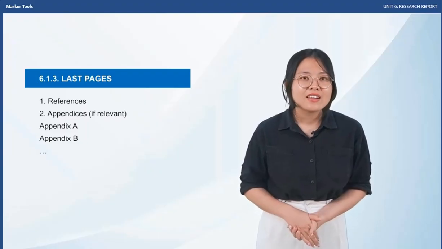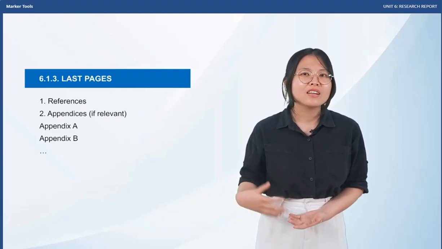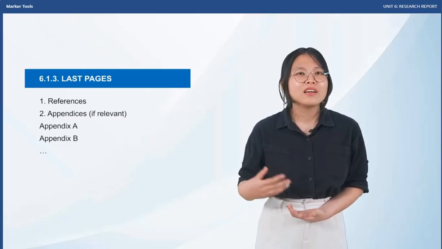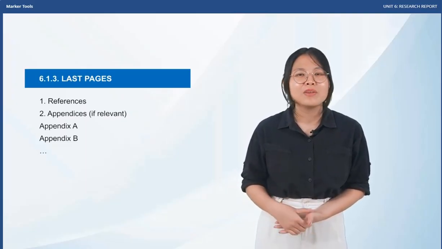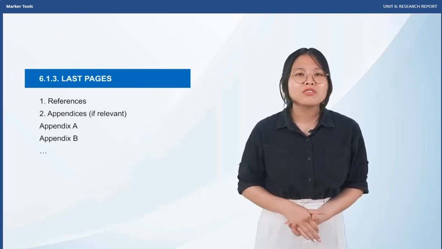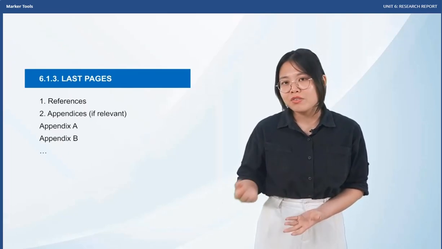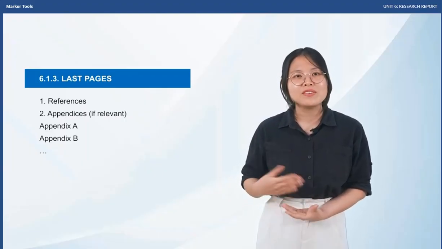Appendix contains supplementary material that is not essential but provides a comprehensive understanding of the research problem. Like references, you need to follow the format rules stated by your university or, for example, APA when you're presenting your appendix.